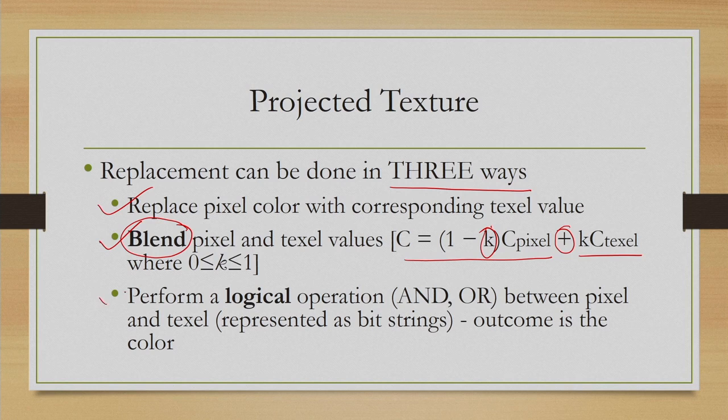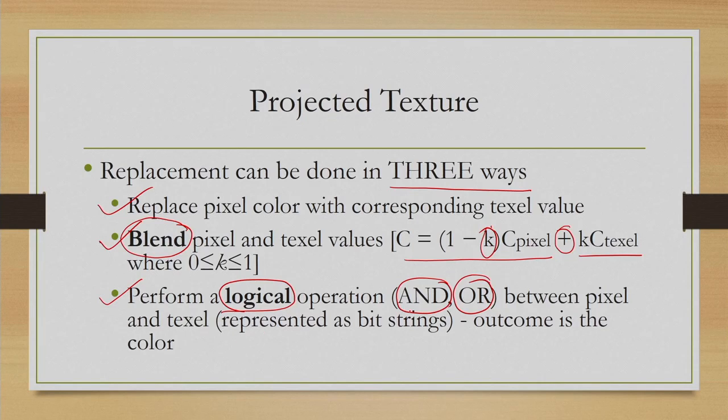Third is also slightly complicated: we perform a logical operation, either an AND operation or an OR operation, between the pixel and texel values. Now remember that we store these values as bit strings in the frame buffer.